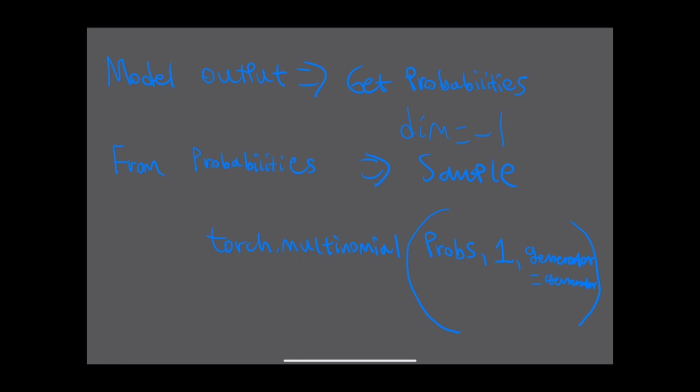However, the model's output, before we even apply softmax, is of shape b by t by v, right? For every single token, at every single time step, we have this vector of size v, all the probabilities. But we've been calling this model over and over again inside the loop, and this t has been growing. It starts off with t equals 1, and then t equals 2, and then t equals 3 as we generate the tokens.